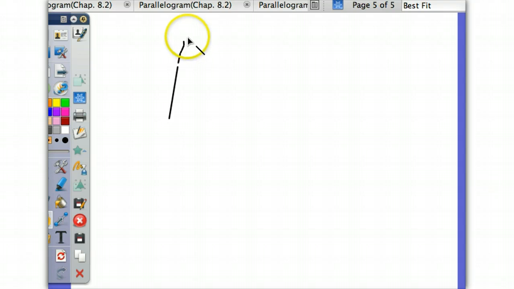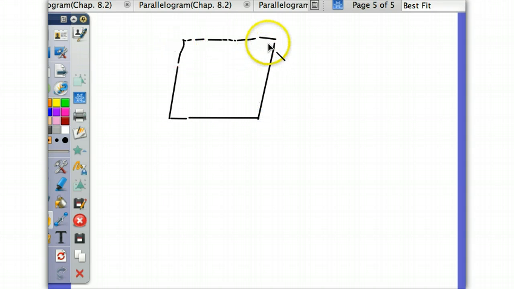Let's say we have a parallelogram. I'll just stay close to my laptop maybe to get it right. All right, let's say we have the diagonals like that. They're going to bisect each other.